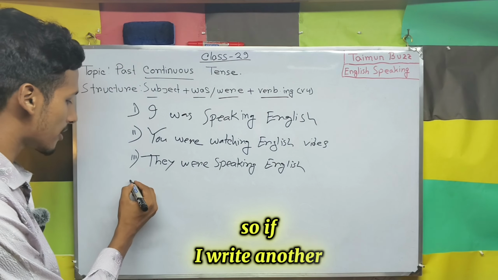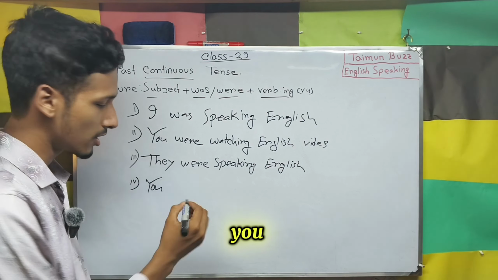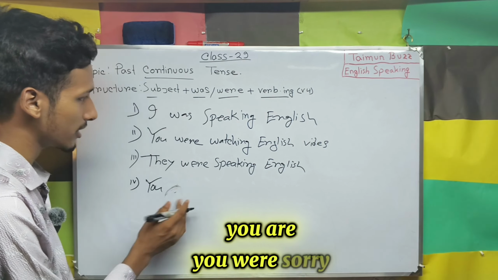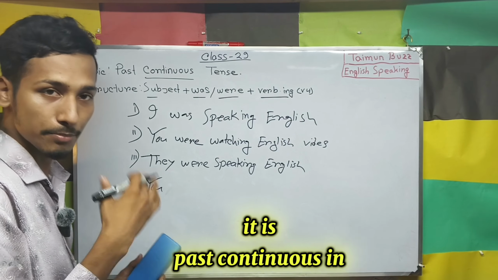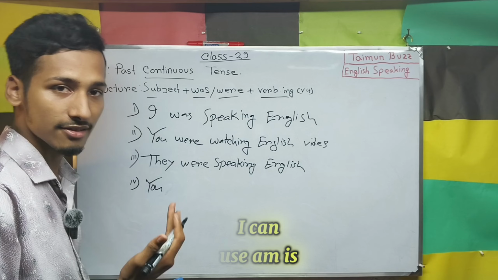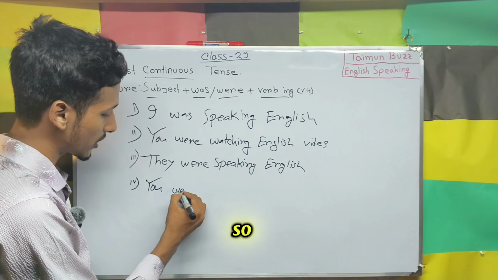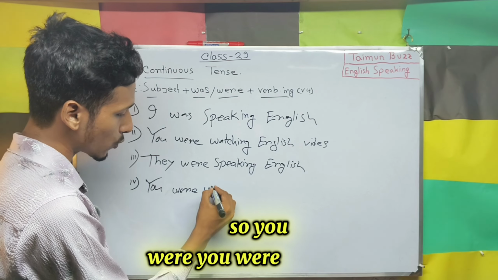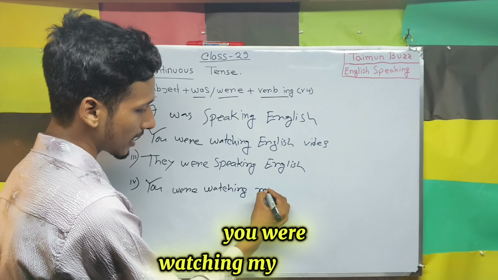Okay, so if I write another sentence which is you were, sorry, it is not present continuous, it is past continuous. In present continuous I can use am, is, are, and in past continuous I will use was, were. So you were watching my class.